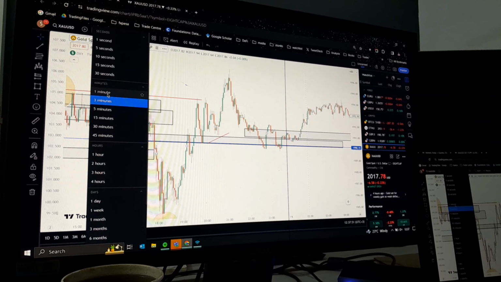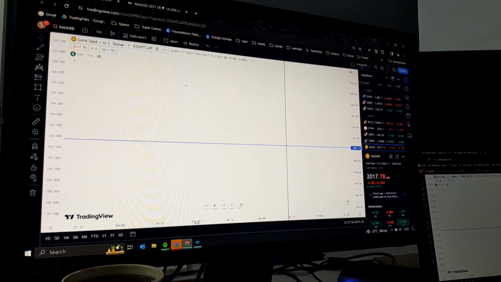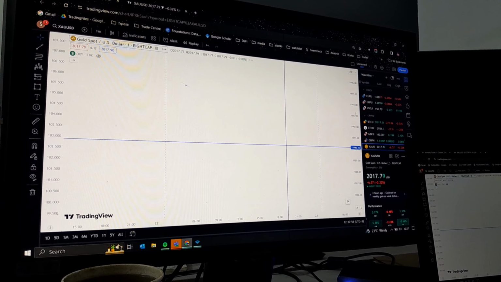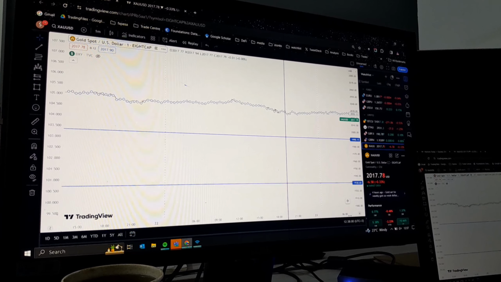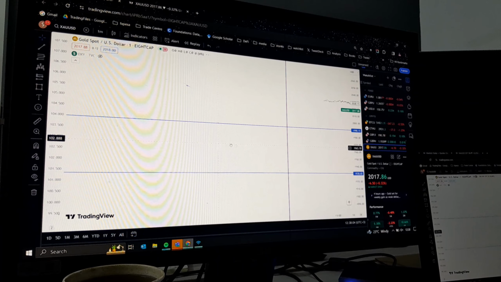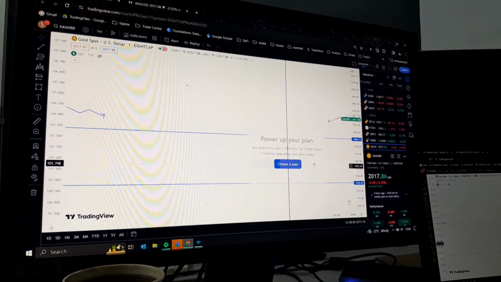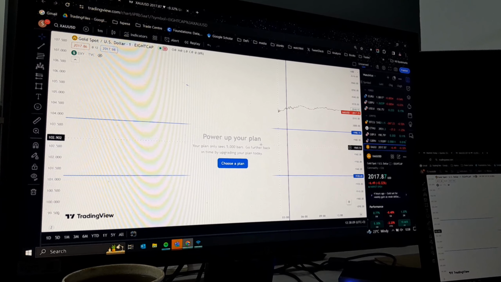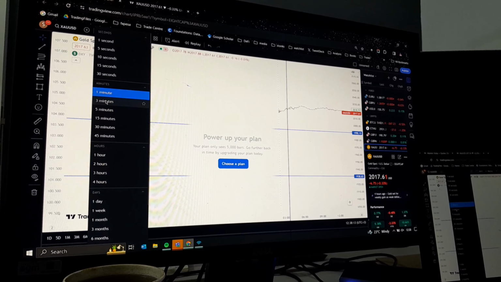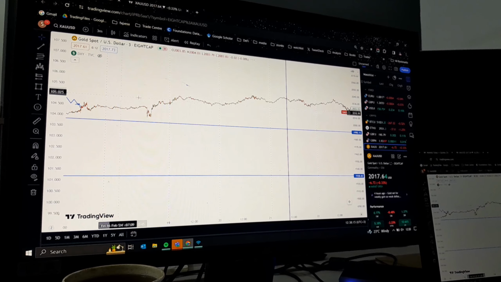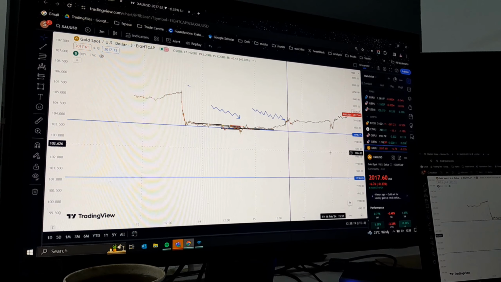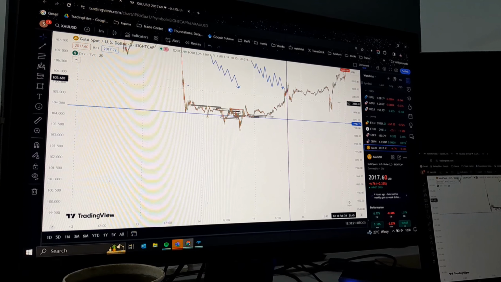I'm not sure if the chart will go that far back, but let's see. We're on the 1 minute time frame. Sorry, the chart cannot go that far, but let's use the 3-minute time frame to mark our GP.